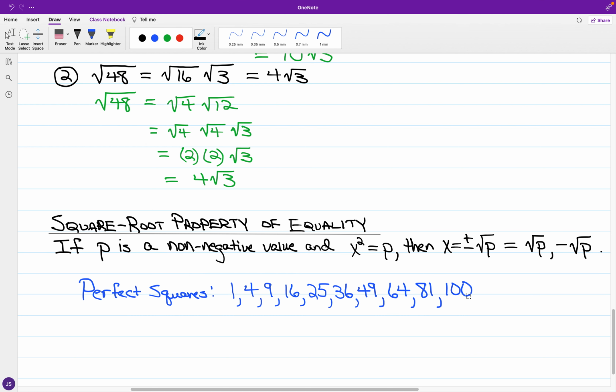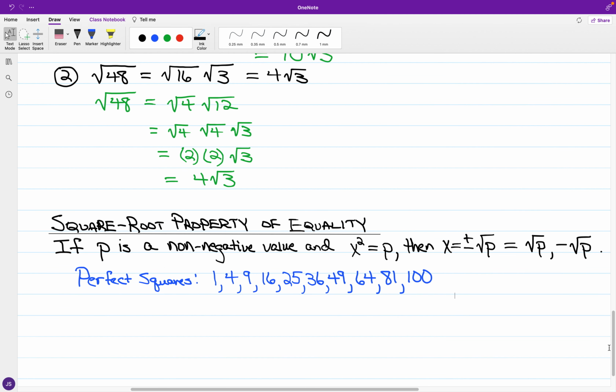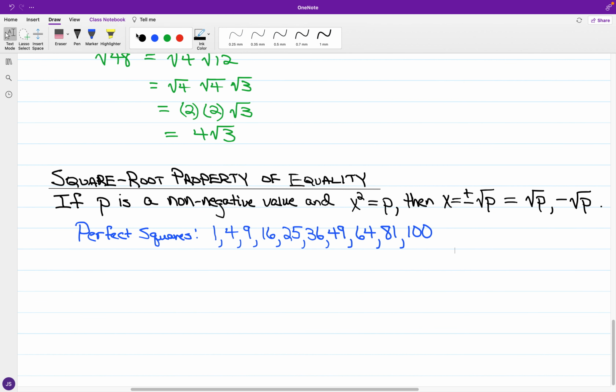All right, and just taking what we have and putting back the display of the perfect squares. Okay, and it's kind of shorthand here, so if you see SRP, this will be the square root property of equality, or SRP for square root property.